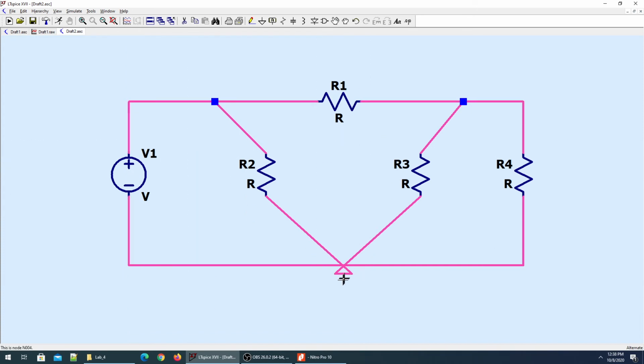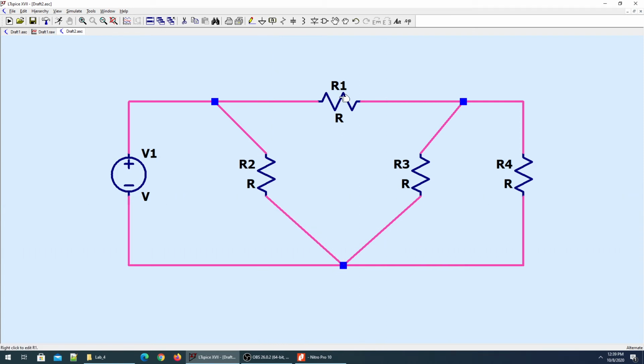Well, it looks like the wire is not connected here, so let me just fix it a bit. Okay, F3. Now it's connected. It looked like it wasn't connected, so just to be sure.